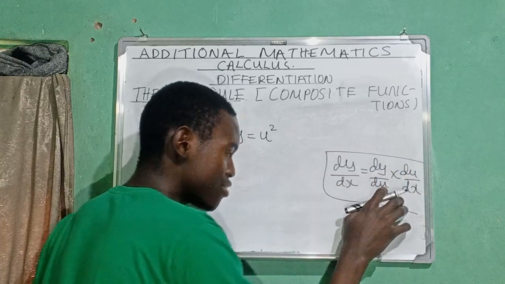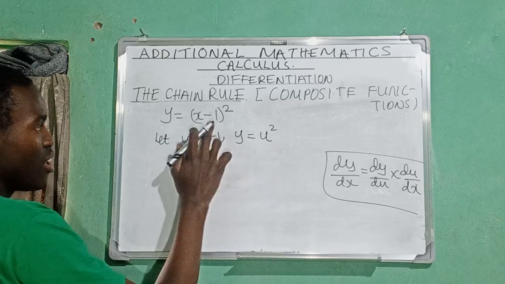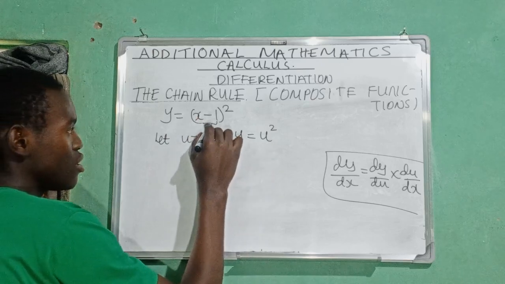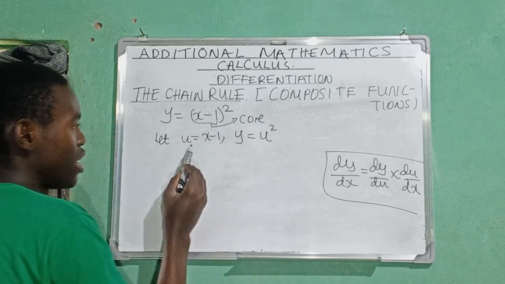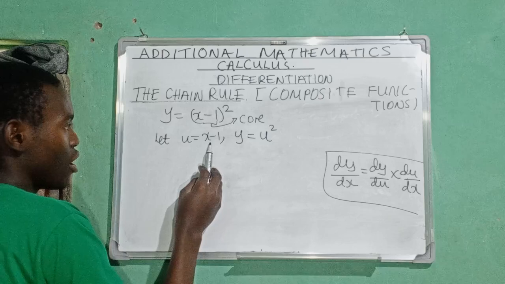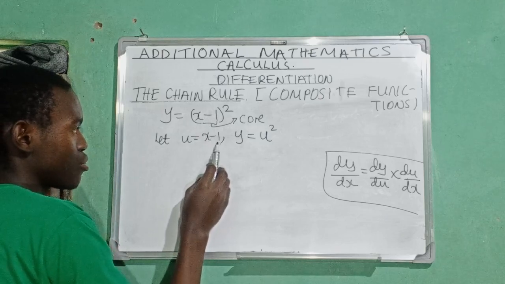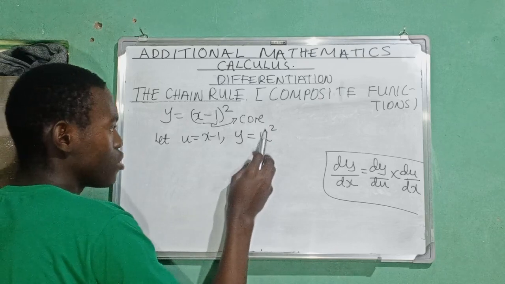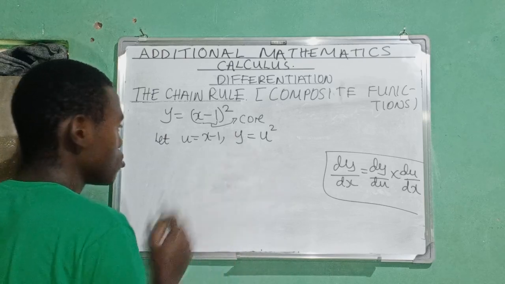You need to know this, and you also need to know how to do this. What is in the bracket is called the core. So we let u be equal to whatever is in the core, which is x minus 1, and then y is equal to u to the power 2.